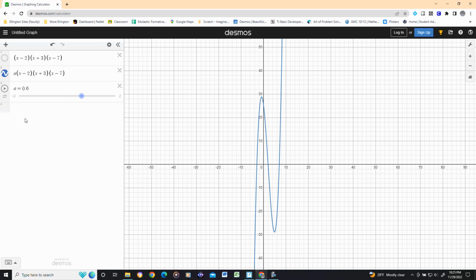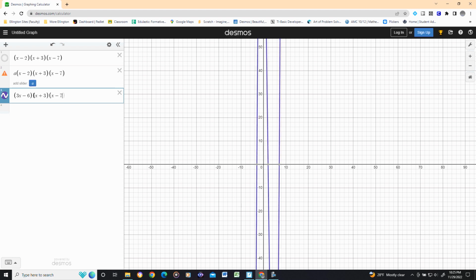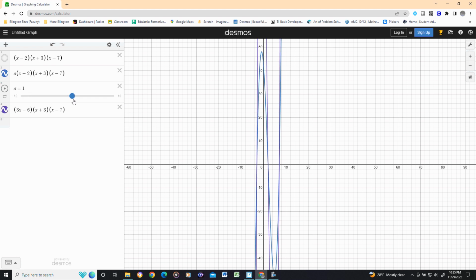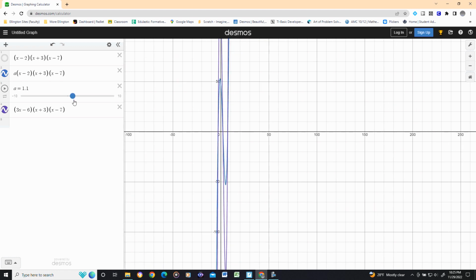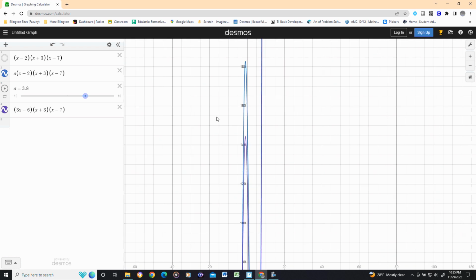Let's take a look. So we'll close that. And let's say we have 3x minus 6, x plus 3, x minus 7. There you go. You get exactly what we had before. And so if I take that function and extend it out, it's not going to go all the way up, certainly. Pretty close. Oh, wait.